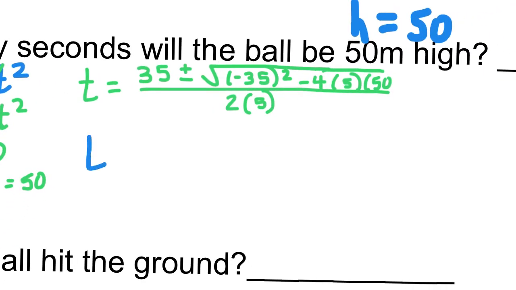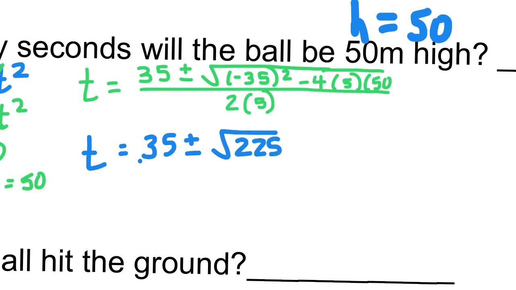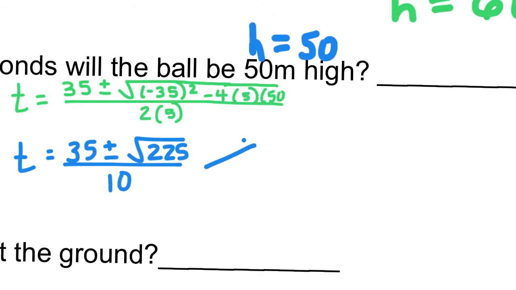Now we have t equals 35 plus or minus the square root of 225 over 10. That's a perfect square. So 35 plus the square root of 225, which is 15, over 10, will give us a solution of 5.